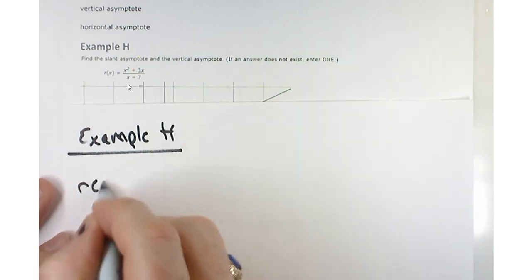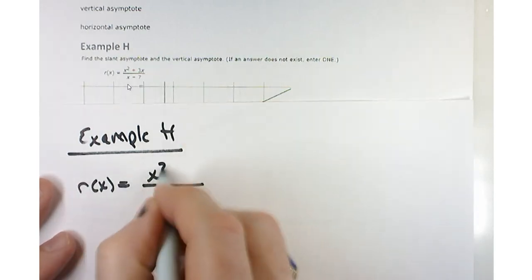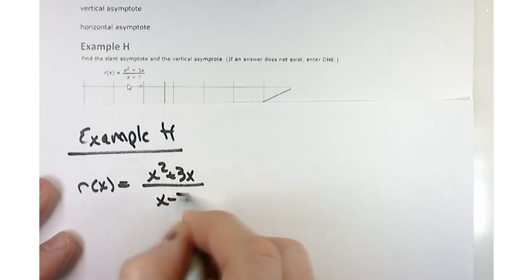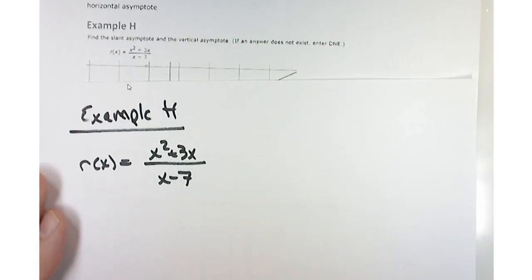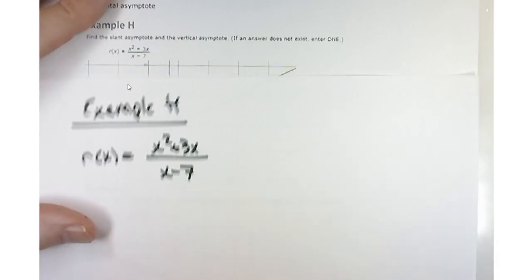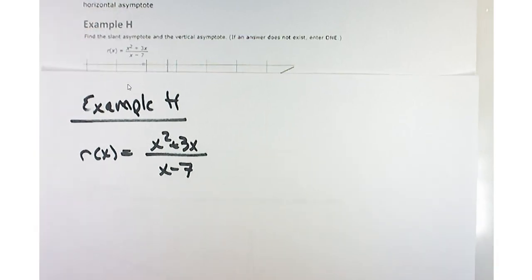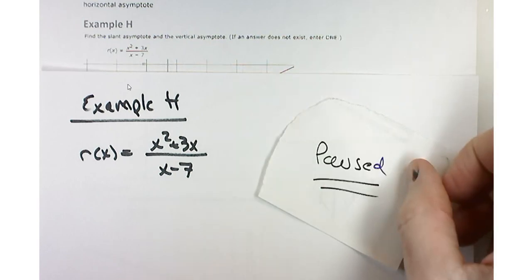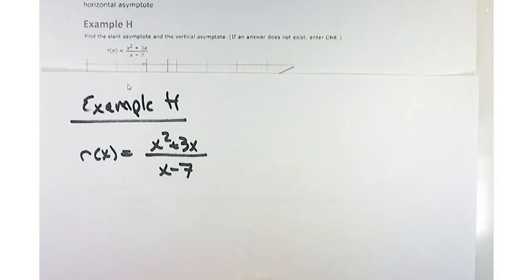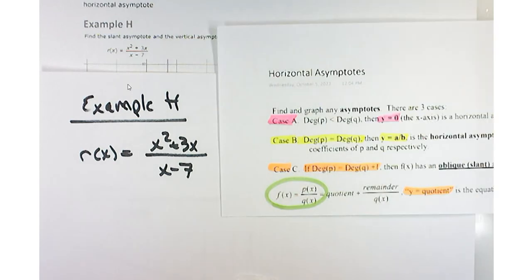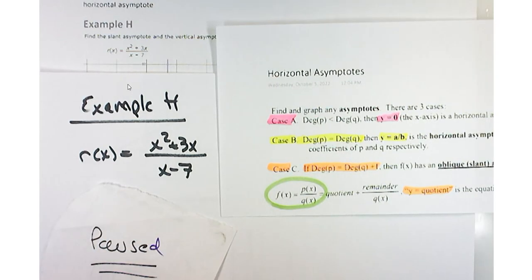I've got r of x equal to x squared plus 3x over x minus 7. I want you to do two things: find the vertical asymptote and decide which case this is going to be for your horizontal asymptote. I'll remind you of your cases right here. Give that a second and see if you can figure out which case you're dealing with and what the vertical asymptote is.